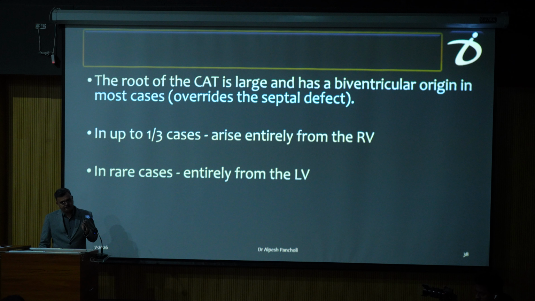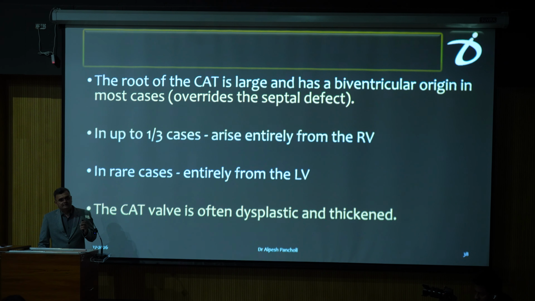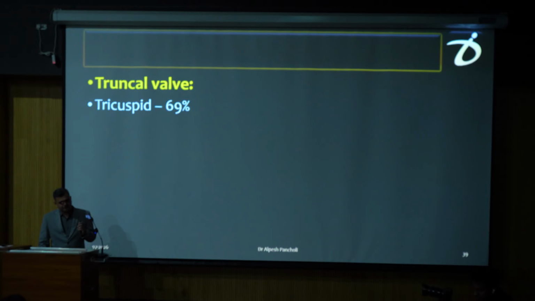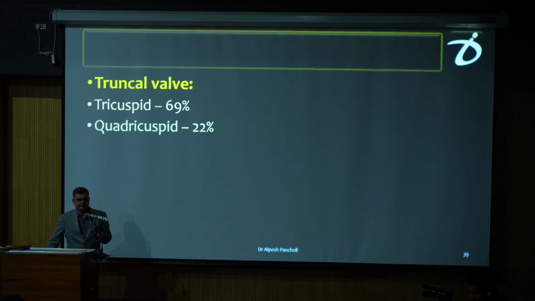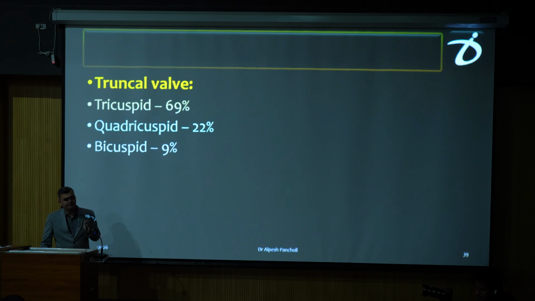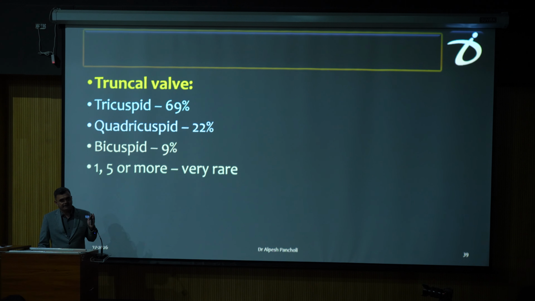In very rare cases it can arise from the left ventricle, and the truncal valve is often dysplastic and thickened. The truncal valve is tricuspid in about 70% of the cases, quadricuspid in 22%. It can be bicuspid. It can have 1, 5 or more cusps, but that is very rare.